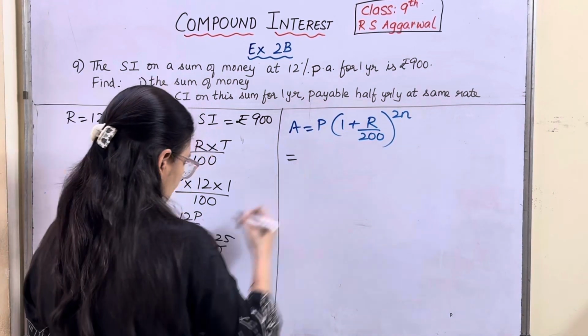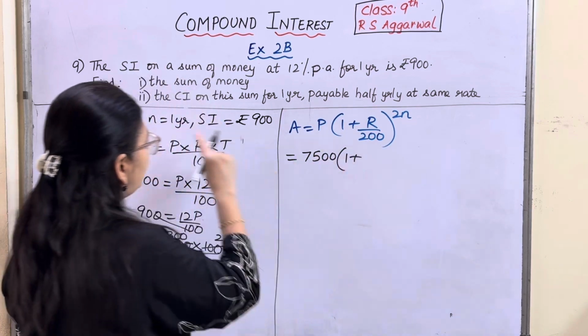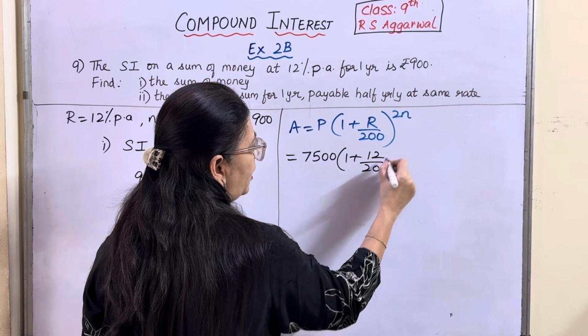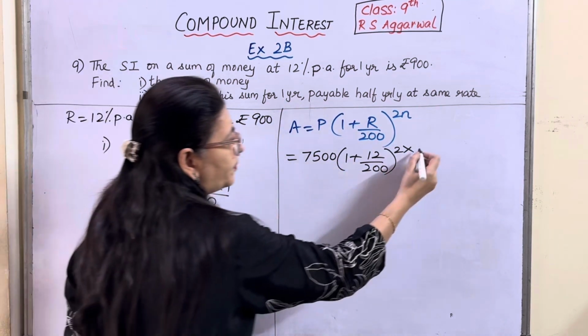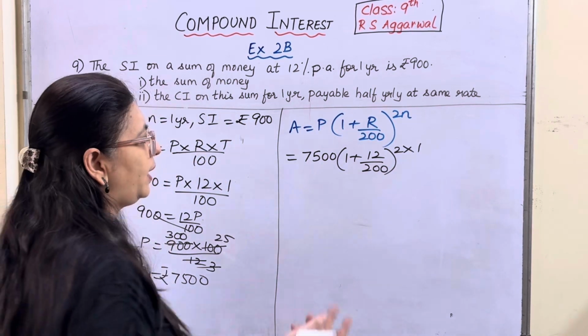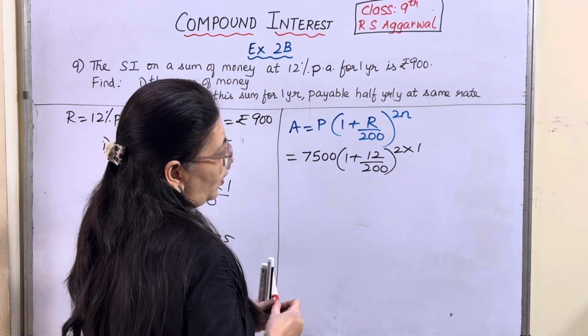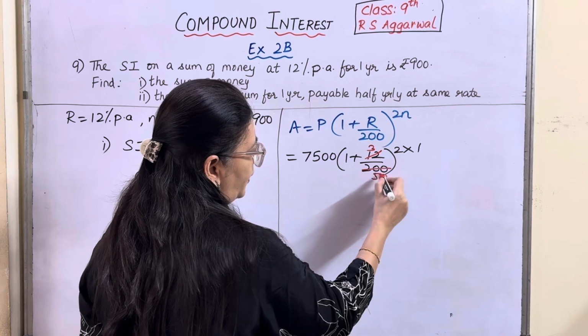What principal? 7,500 into 1 plus, what is the rate? Rate is 12% upon 200 raised to 2 into, what is n? N is 1 year. So in 1 year, half yearly takes place two times, right? So reduce it first. 4 3s are 12, 4 50s are.